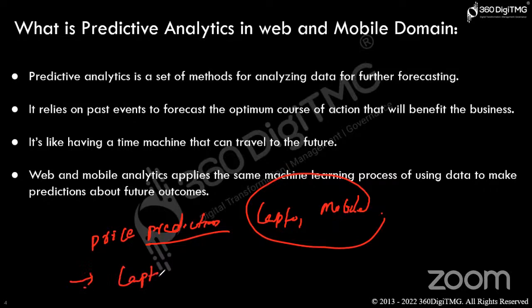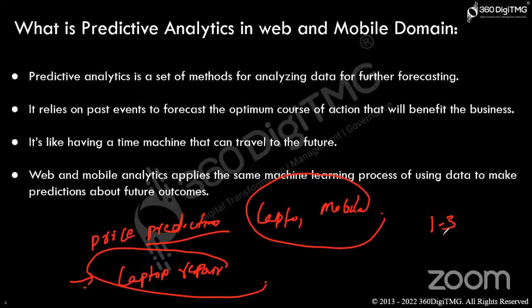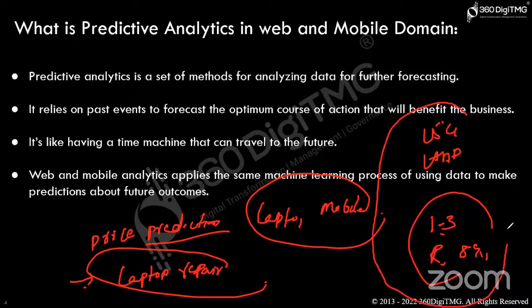Or let's say you have a laptop repair center, or you have a website that's selling old laptops. In that case, you need an algorithm that can easily predict what could be the price of a particular laptop. These are the components: a processor of i3, 8 GB of RAM, an HDD, and a 15-inch display screen.